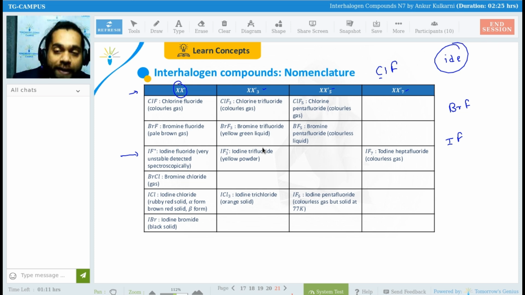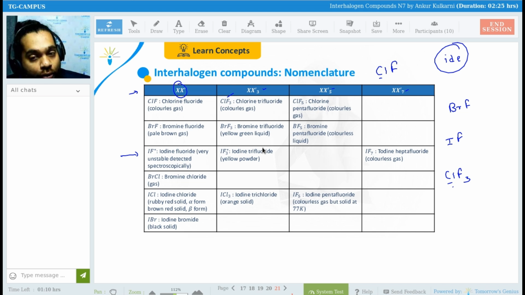So the first element you write down the element name, and to the second element you add the ide. Everywhere. For example, ClF3 is chlorine trifluoride. Cl is chlorine, F I add ide, so chlorine trifluoride.